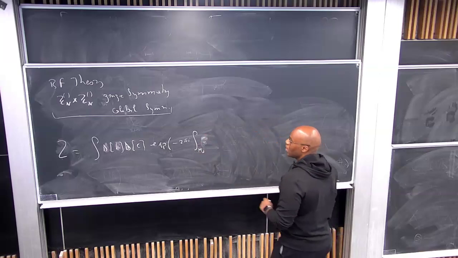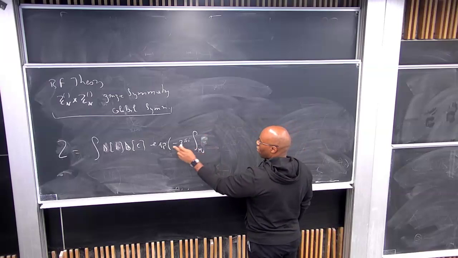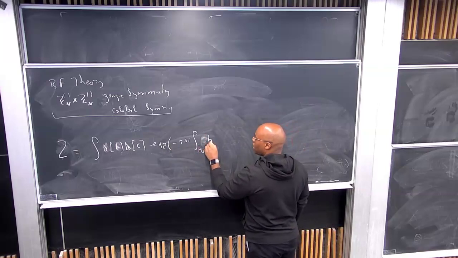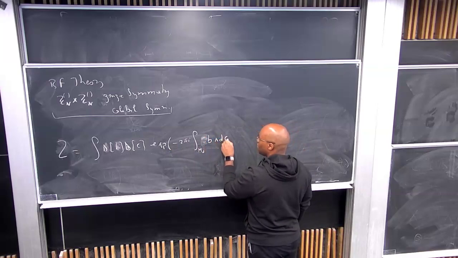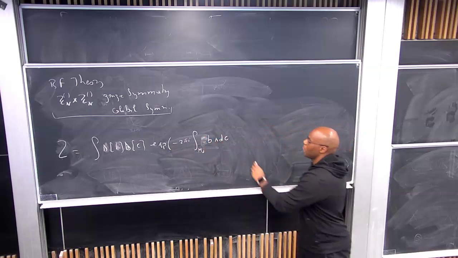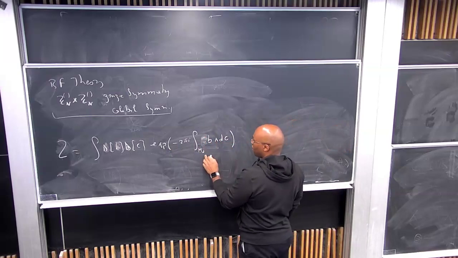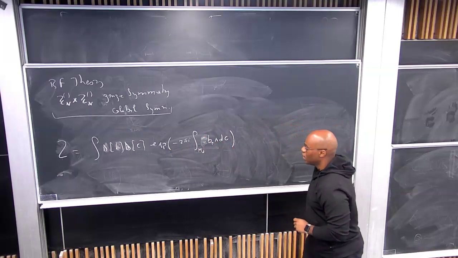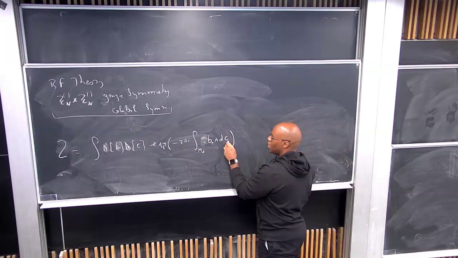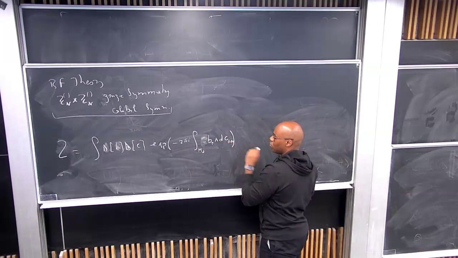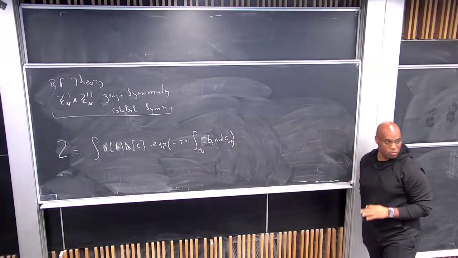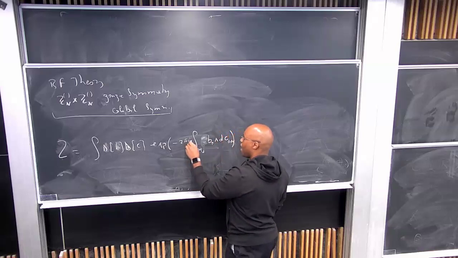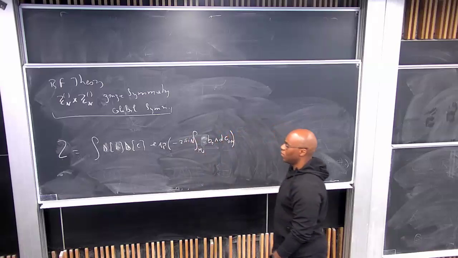And then I have a pair of fields B with a coupling of the following form, where I have B wedge DC. So I can pick the degree of B to be, let's say, some P-form. Then C is going to be a (D minus P minus 1)-form. Okay, so it's a first order action. And then I have an integer n here that labels the theory.